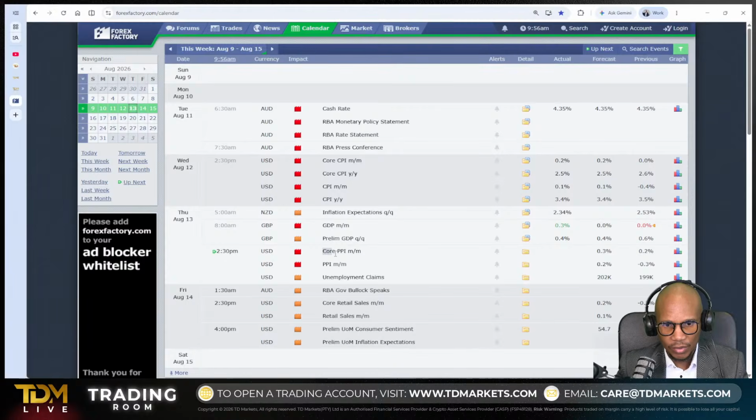So it's a Thursday today. We have PPI, we have unemployment claims as well. So core PPI and PPI month on month, there is going to be some movements there, right? The CPI came out exactly the same as market forecast. So we'll see what the producers price index is going to come out as.